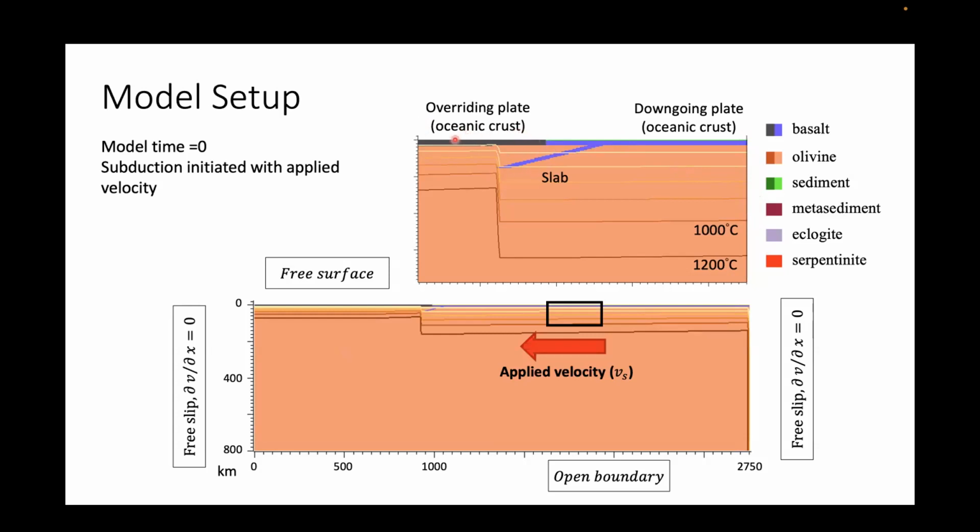So there is no extension environment to allow the back-arc spreading to occur. So we have to use a free slip boundary condition on the right. So basically, this region will become a mid-ocean ridge, and the whole oceanic plate is moving by itself due to its density.